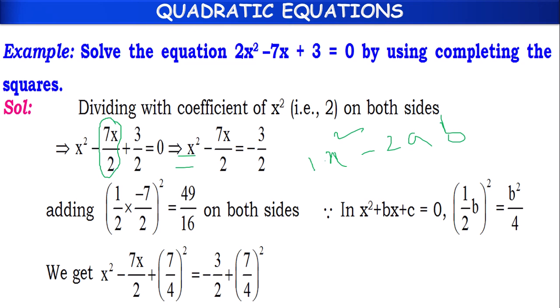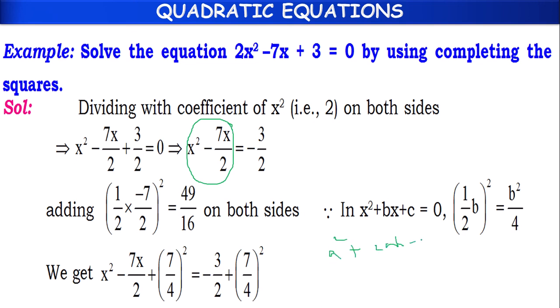Because here the value of a is 1. So we have to write this in the form of a square plus 2ab plus b square, or a square minus 2ab plus b square.